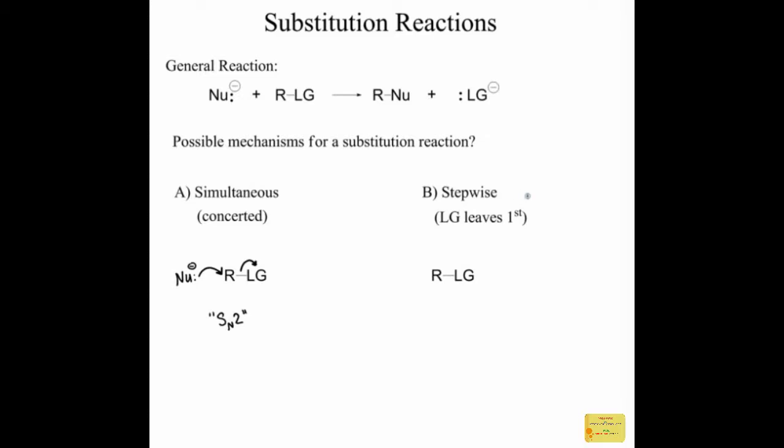Okay, but another possibility is that we have a stepwise mechanism in which the leaving group leaves first. Now, if the leaving group leaves, what does that leave behind on this carbon? This carbon is now missing a bond, so this would end up being a carbocation.